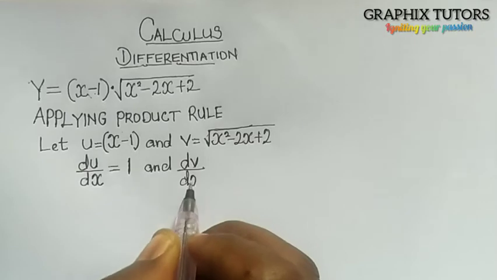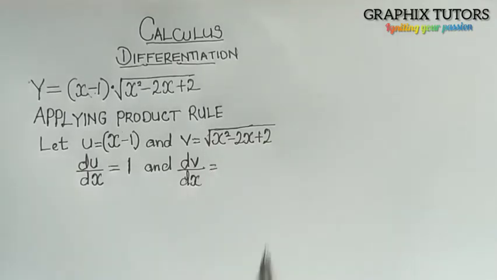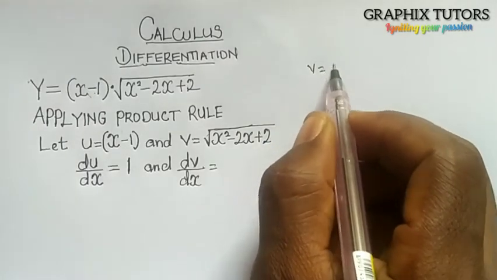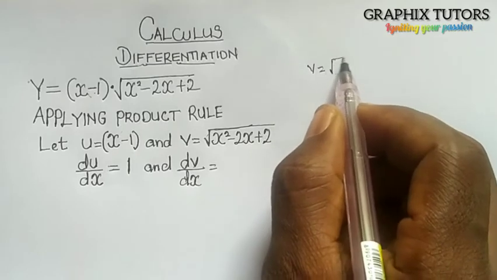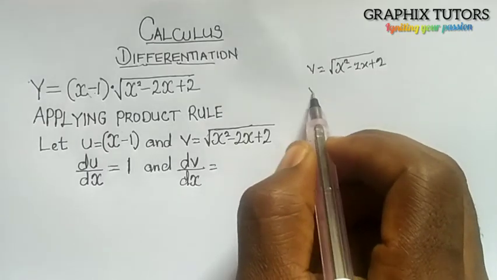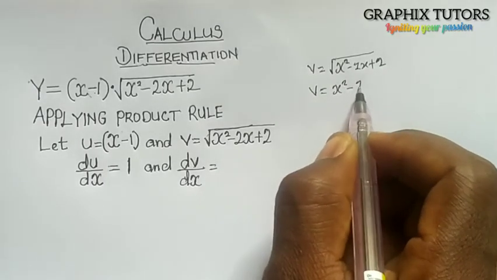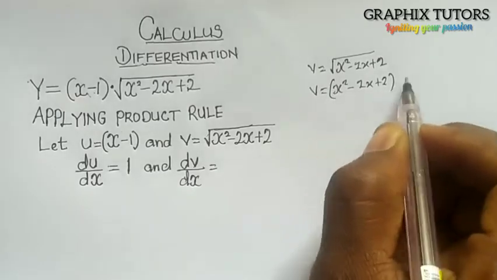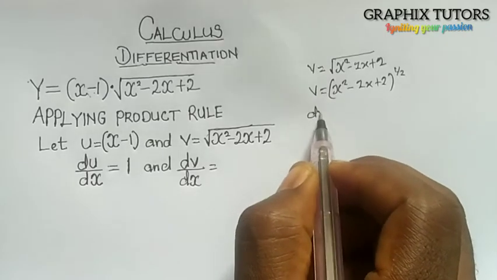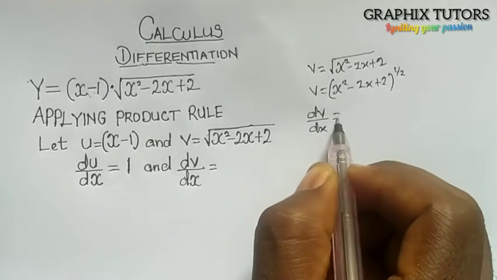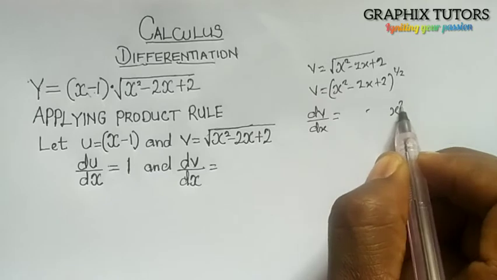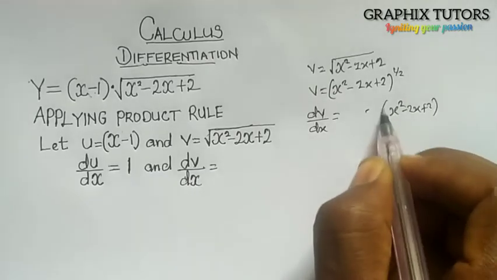If I have v equals the square root of x squared minus 2x plus 2, it can also be written as v equals (x squared minus 2x plus 2) to the power of 1 over 2.